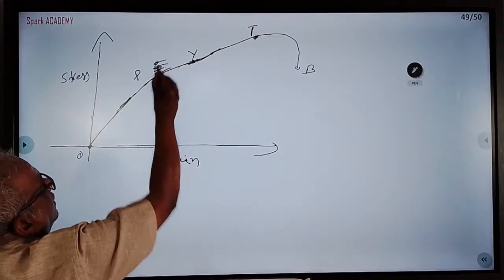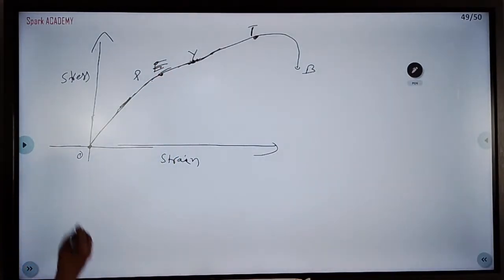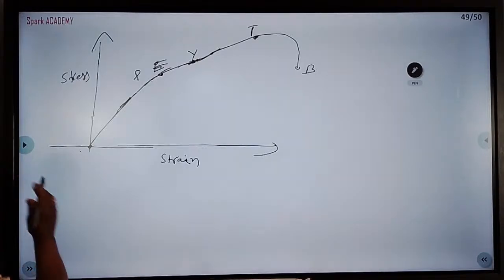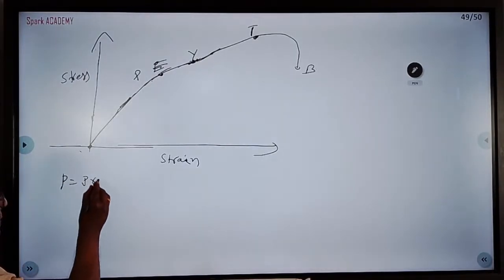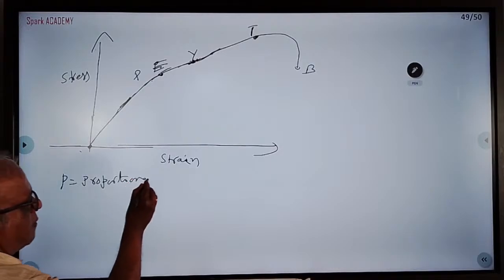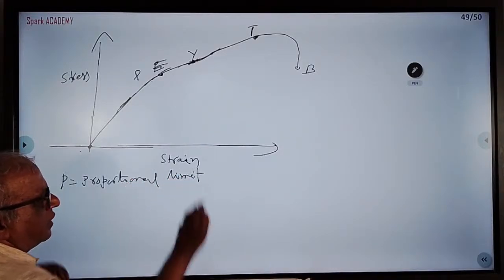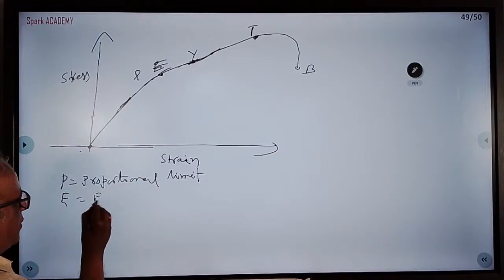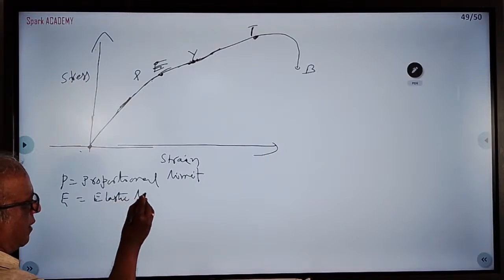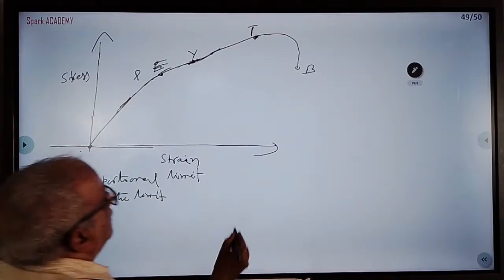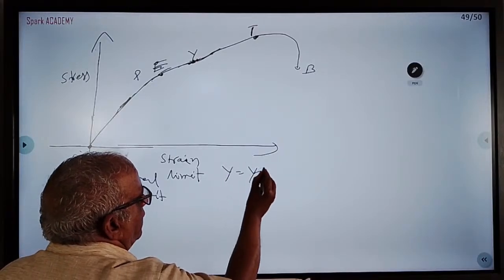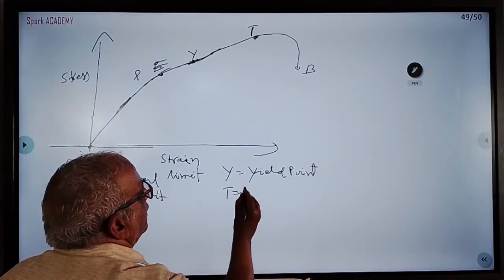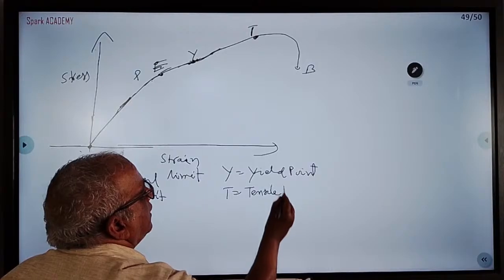P is called the proportional limit. E is called the elastic limit. Y is called the yield point. T is called the tensile point.